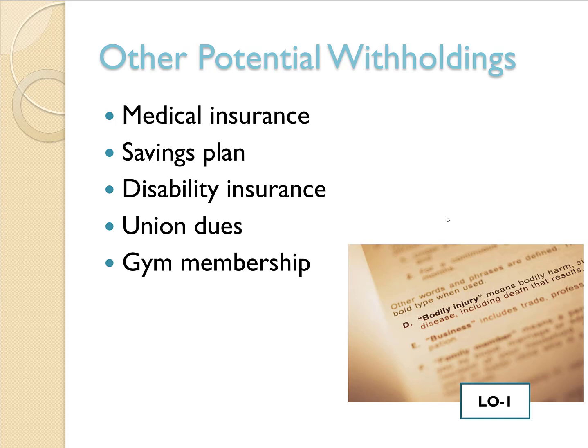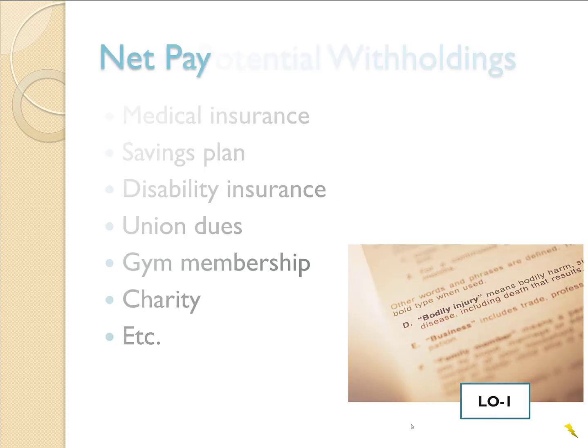And some people will optionally have money taken out of their paycheck and given to the church or some charity. And there could be lots of others, like an individual retirement account, an IRA, 401k. Those are retirement plans. So there could be lots of different withholdings, and each employee's could be different from other employees because some of these, as we see, are optional.